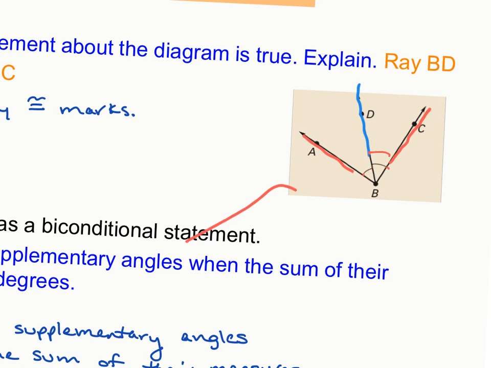I think the reason they put them at different heights is that if they put it all the way across, you might not be able to tell that they're two separate markings. So I think that's why they put it in here at different heights.